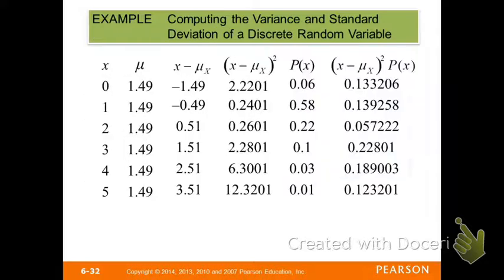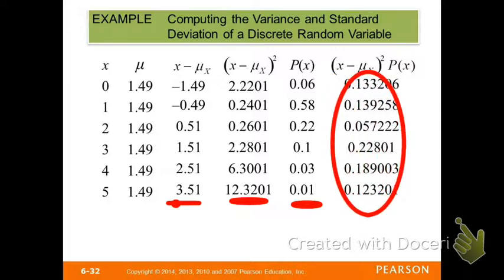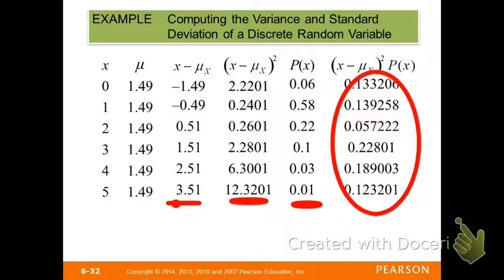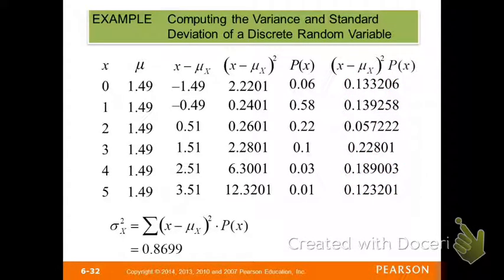We know the mean of the population, and you take all of the deviations from the mean, right? You square those values, multiply by the probability of x, sum all of these up and then take the square root, and that gives you 0.8699.